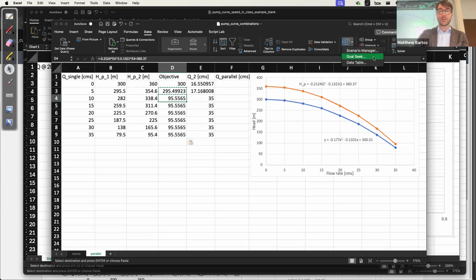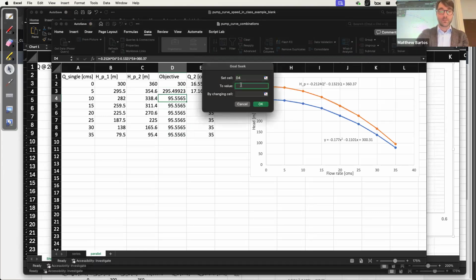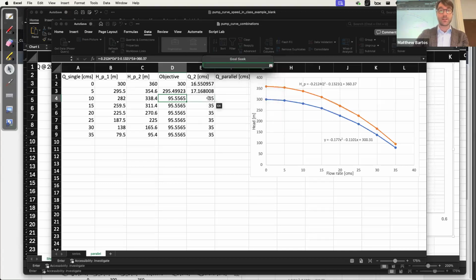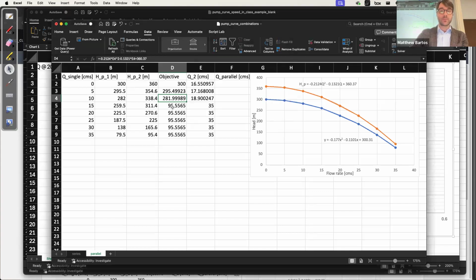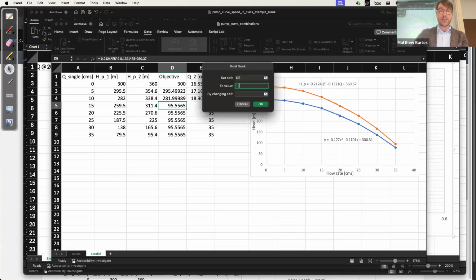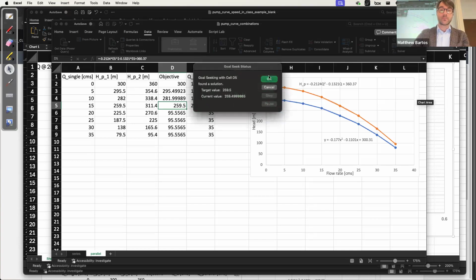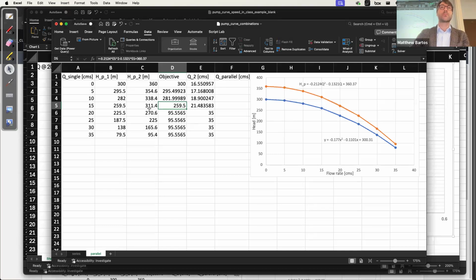So this one, we're going to set D4 to value 282 by changing cell E4. We're going to set this one to value 259.5. So I'm going to continue doing this for each.